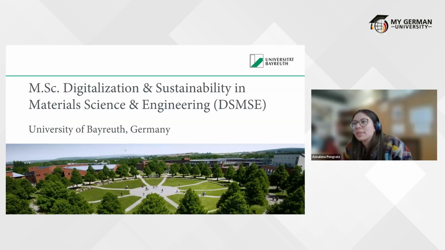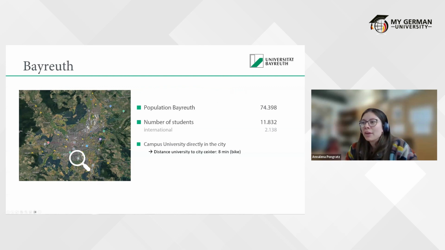Let's start with the MSc Digitalization and Sustainability in Material Science and Engineering, in short DSMSC, which is taught at the University of Bayreuth, Germany. Bayreuth is a small to medium town in the north of Bavaria, with a population of around 75,000 people, where 11,800 are students and over 2,000 are international students.